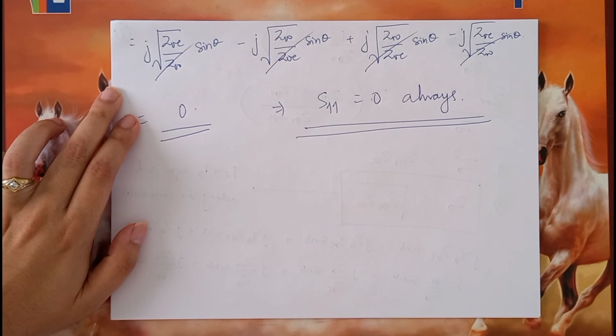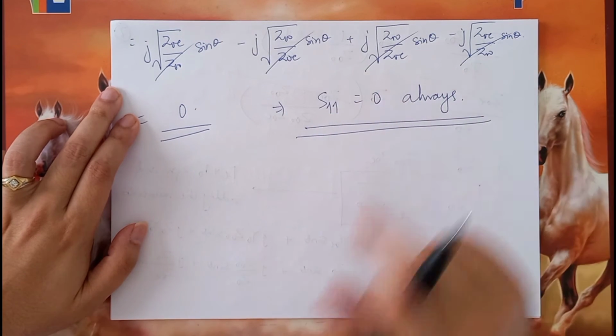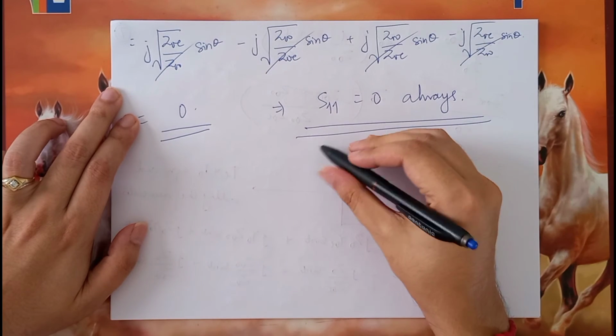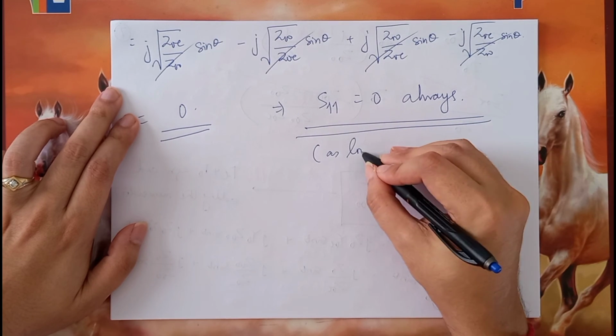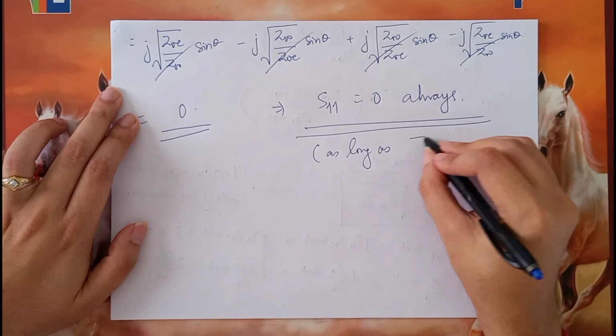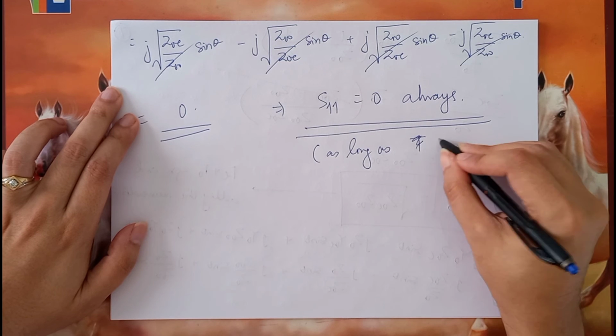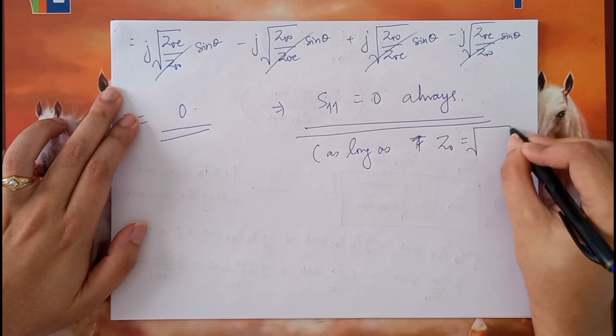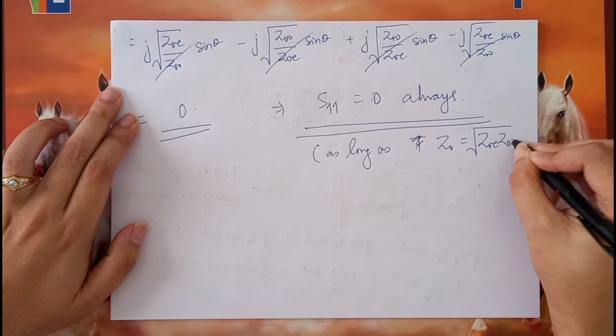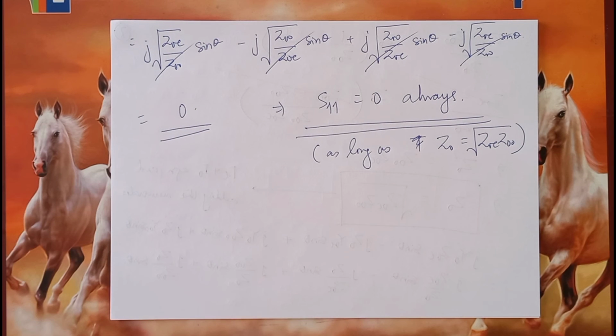This is an extremely important result. S11 will be equal to 0 always as long as Z0 is equal to the geometric mean of Z0e and Z0o. That is the condition for making the denominators of those huge terms the same. Now, what does this mean?